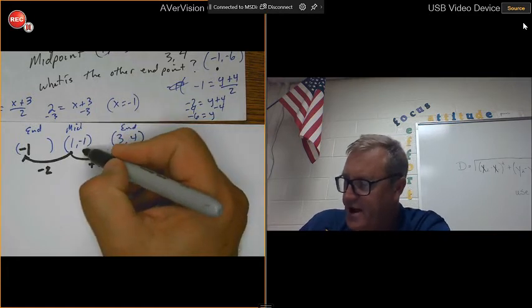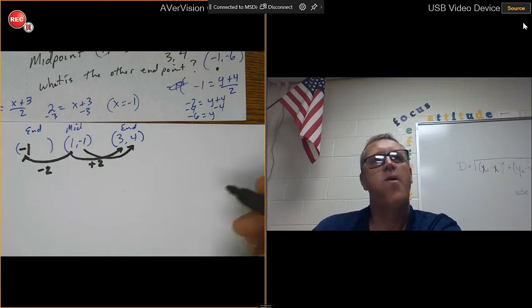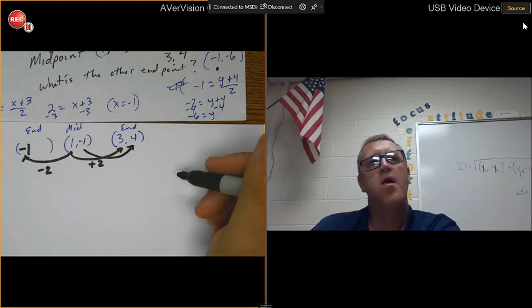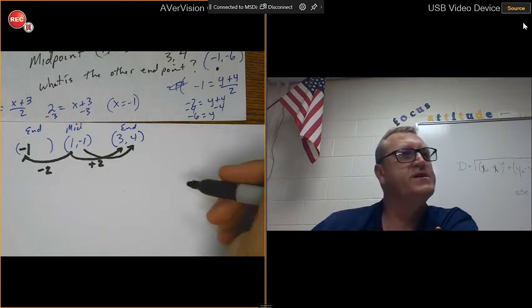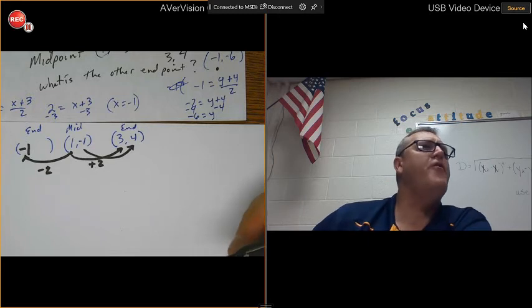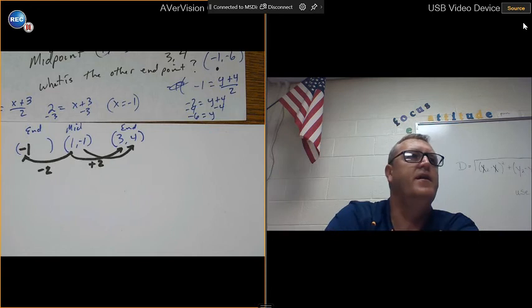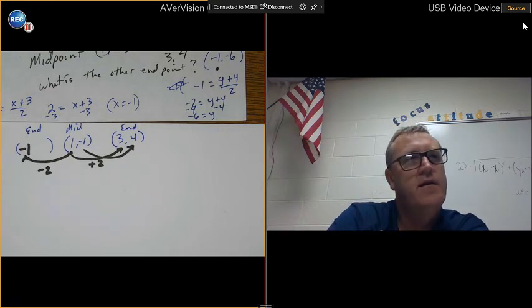How far is it from negative 1 to 4? Can you do it in your head? How far is it from 0 to 4? From 0 to 4. 4. And then how far is it from 0 to negative 1? 0 to negative 1.